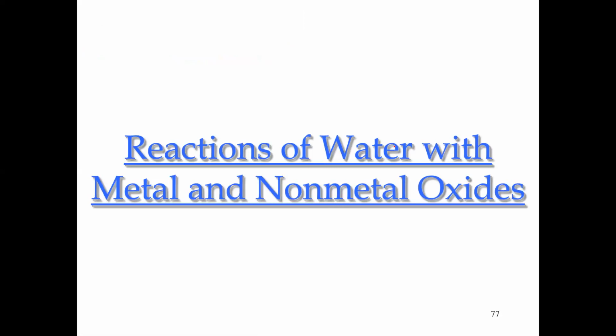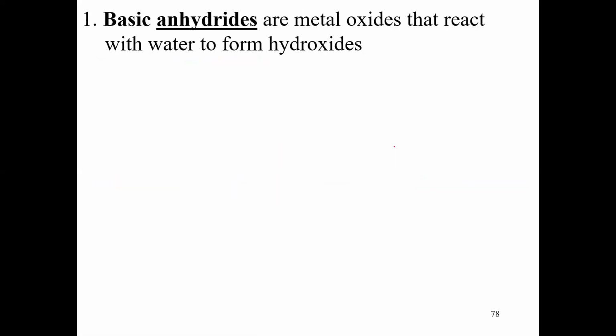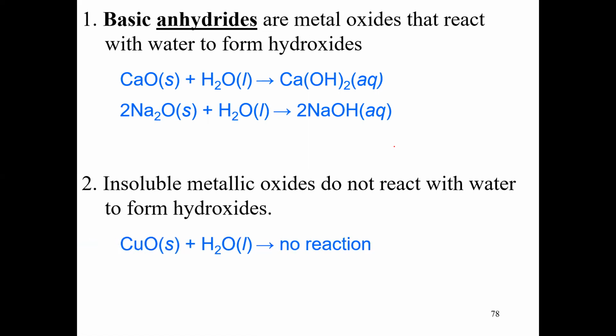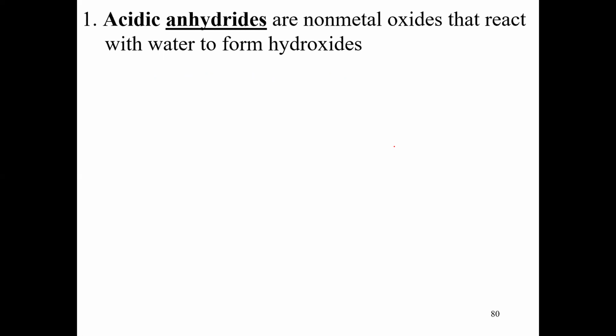Reactions of water with metal and nonmetal oxides. Basic anhydrides are metal oxides that react. You have calcium oxide plus water going to calcium hydroxide, and sodium oxide going to sodium hydroxide. There's no reaction with some other ones. Acidic anhydrides react with water to form acids. An example would be carbon dioxide and water, which gives you carbonic acid.